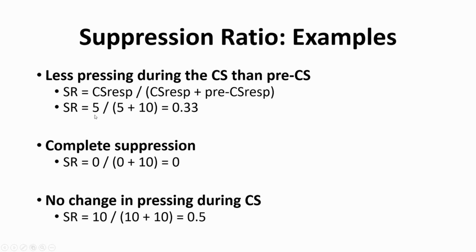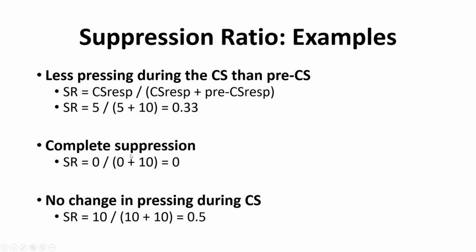So we take that 5 times per minute and divide it by 5 plus 10 times per minute, and it gives us a 0.33 suppression ratio. So that's somewhere in the middle. It's between 0 and 0.5. So we're saying that there was some suppression, but it wasn't complete. So it's somewhere in the middle.